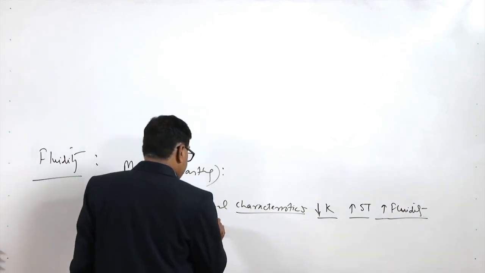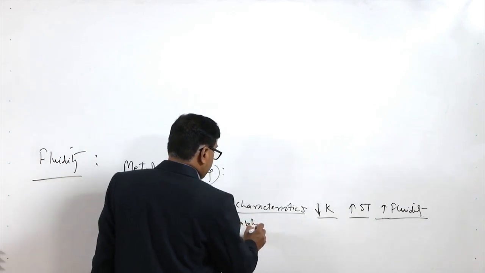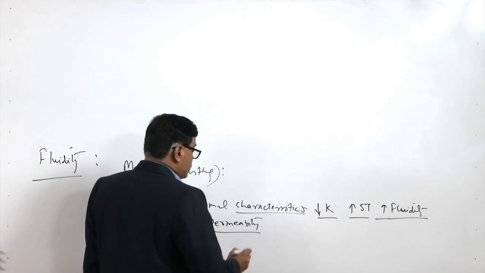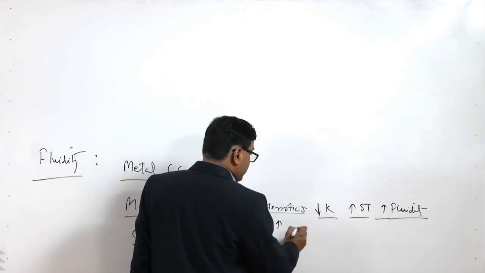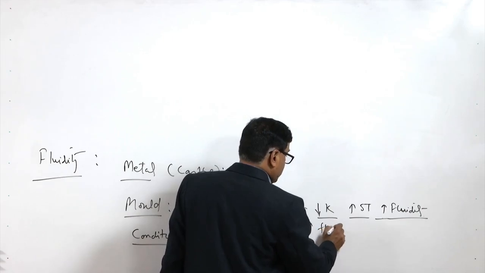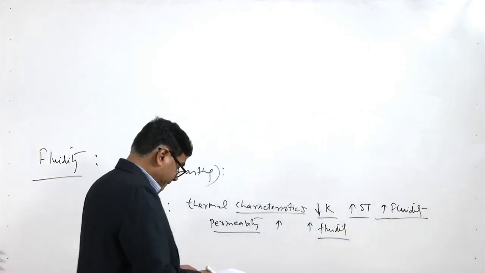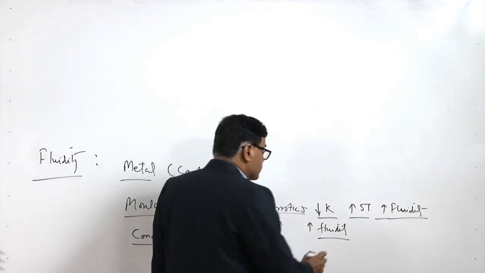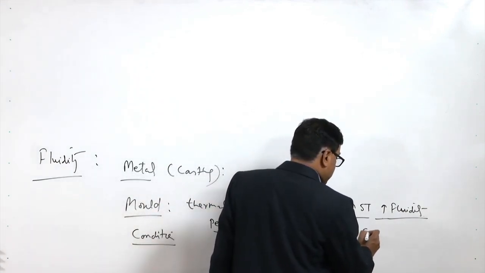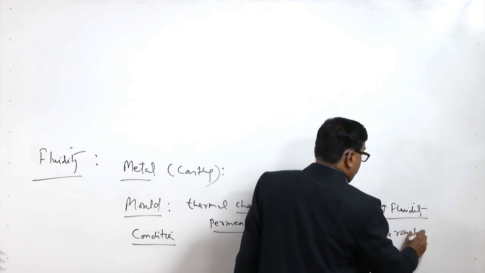Permeability of the mould will also be affecting. High permeability actually results in higher fluidity of the molten metal, and then of course, another factor affecting it is the surface roughness of the mould wall.